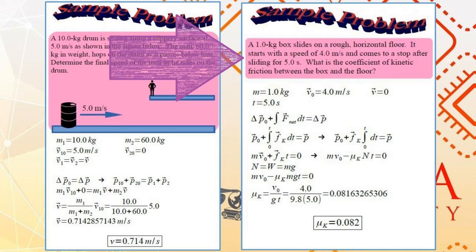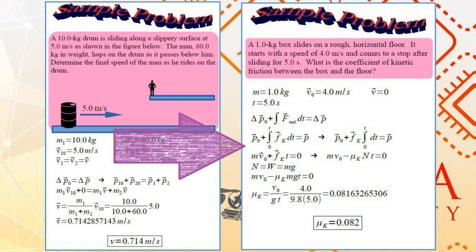Next, we have the following problem. A 1-kilogram box slides along a rough horizontal floor. It starts with a speed of 4 meters per second and comes to a stop after sliding for 5 seconds. With this information, what is the coefficient of kinetic friction between the box and the floor?